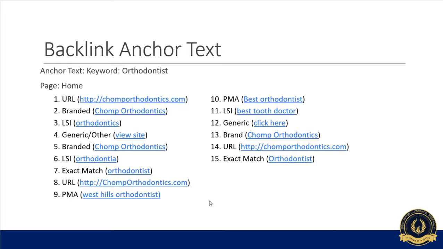I'd actually do the first 4 in the first 2 weeks, and then I'd do the next 4 or 5 at the end of those 2 weeks and see how things move. And it's very important to follow that, because this is where some people potentially get penalized from building too fast or doing too much exact match. So hopefully this makes sense, and this is exactly how I would do it for this site.